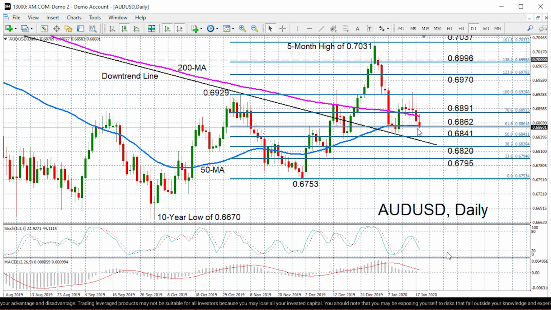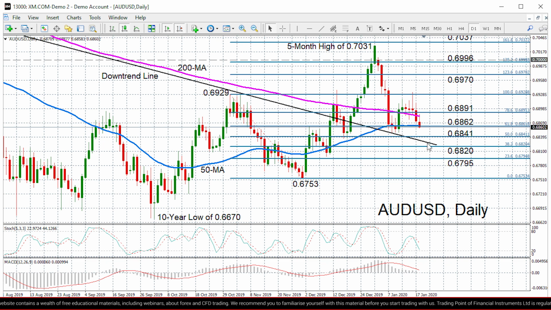We do, though, have very strong support coming at the 61.8% Fibonacci retracement of the downleg from 0.6929 to 0.6753, so that is at 0.6862. So if that support fails, prices would soon test the long-term descending trend line.